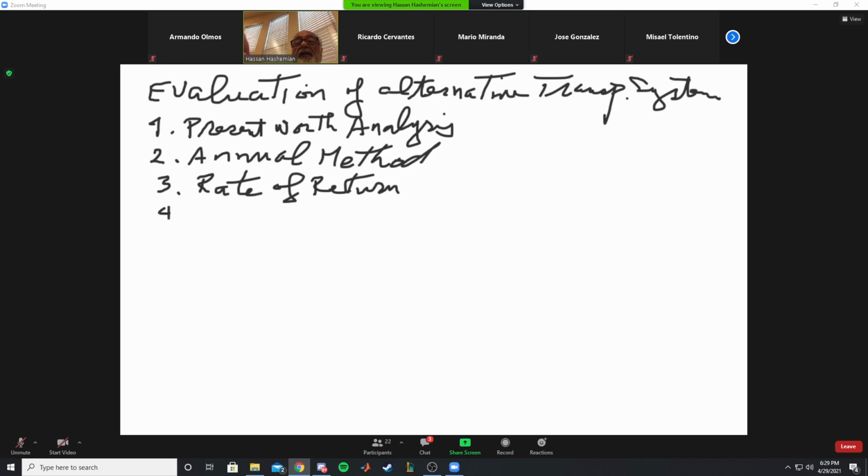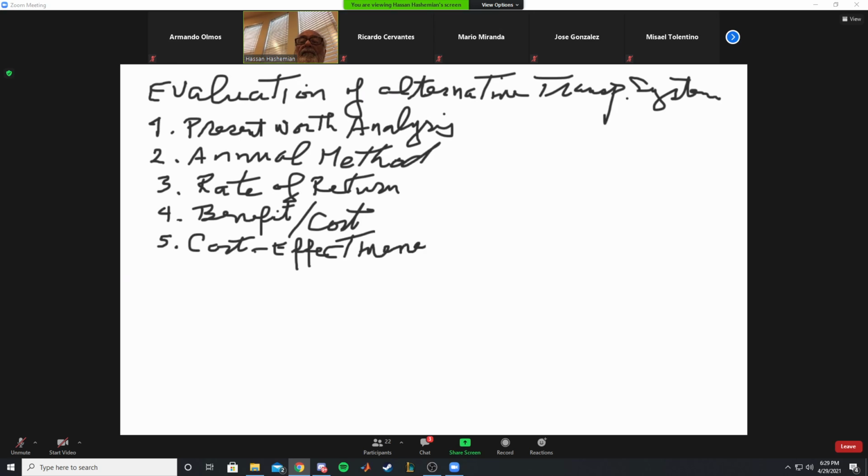The fourth method is the benefit cost ratio analysis. And the fifth method is cost effectiveness. These are the 5 methods that we're going to discuss in the next session or 2.